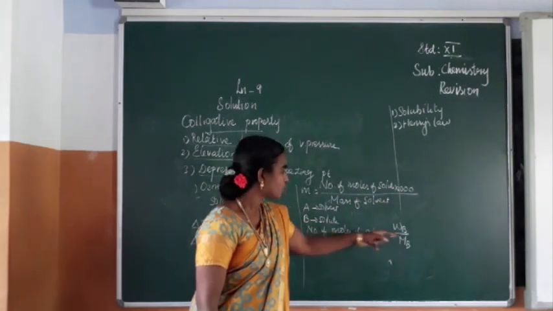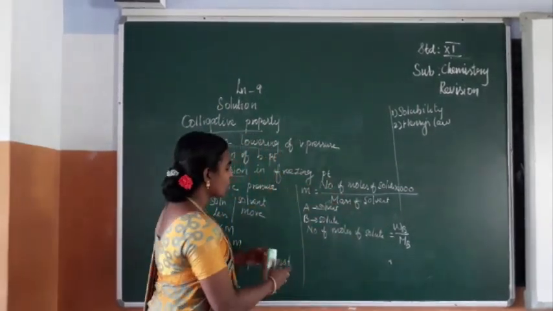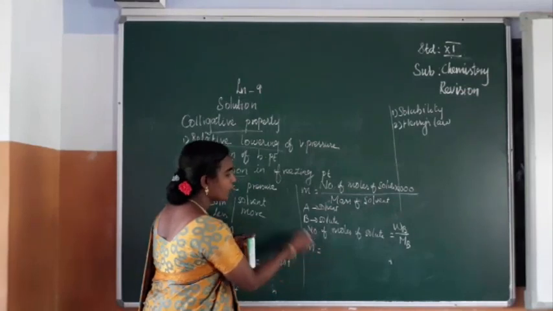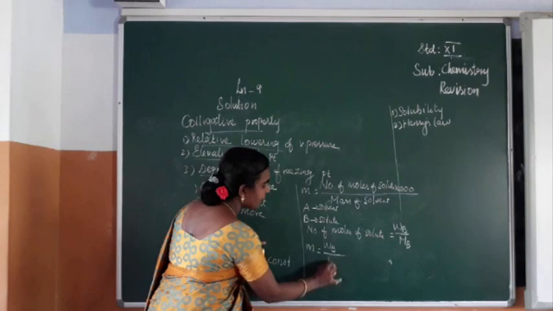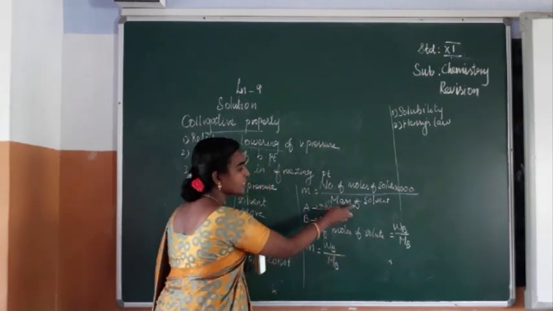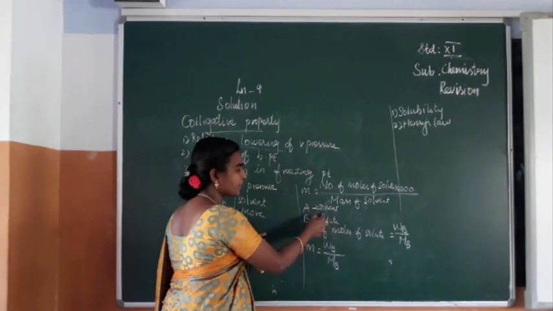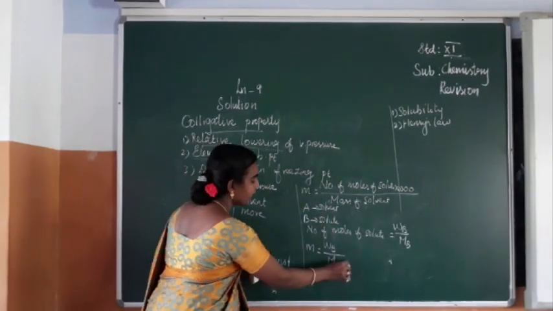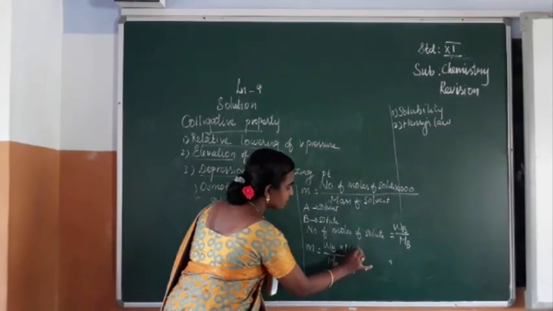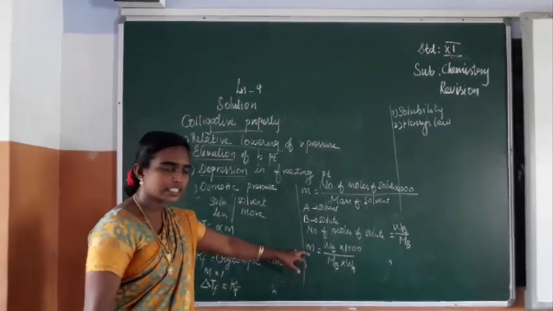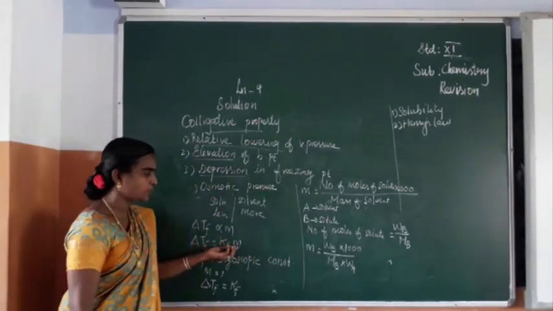Is it clear? So we are going to substitute this value in this equation. So m is equal to WB divided by MB, and the mass of the solvent, which is A, must be WA, into 1000. So this value gives the m value, isn't it?